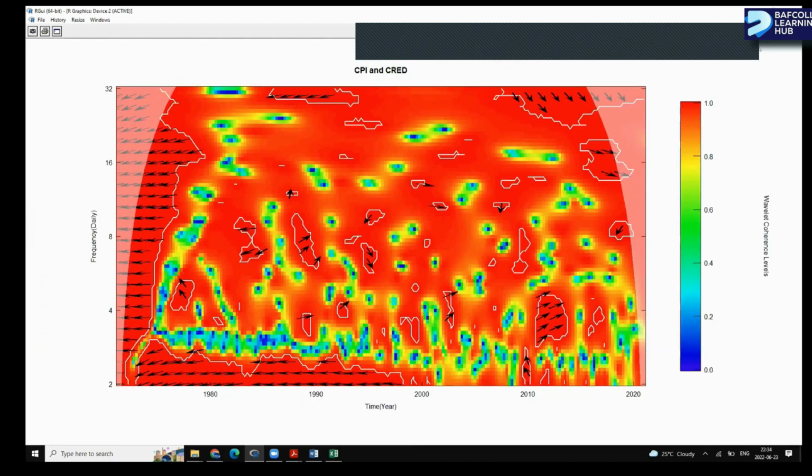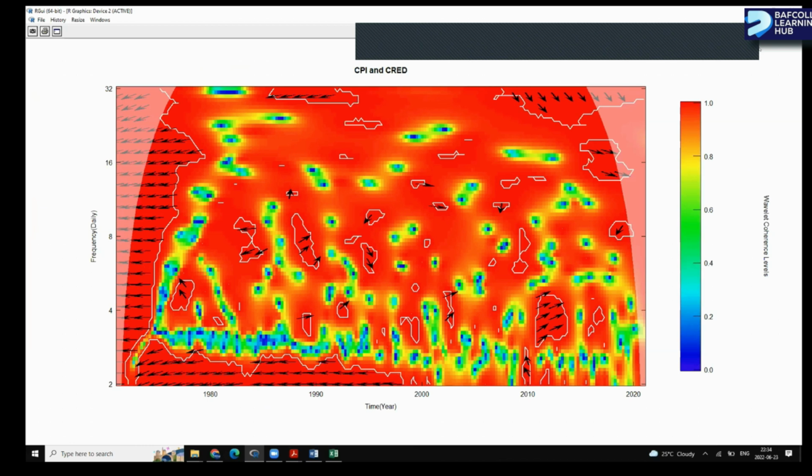Wow. What are the two variables again? This is inflation and credit. So a lot of short-term coherence all the way until the year 2000, or getting to the end of 2000 in the short term.